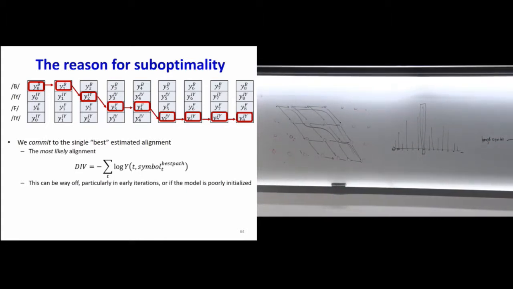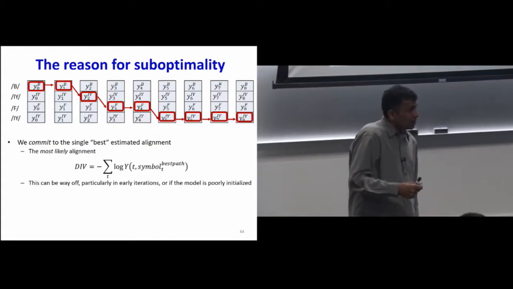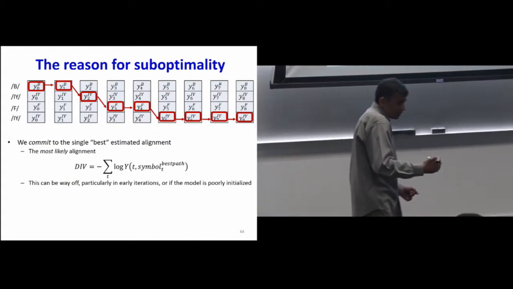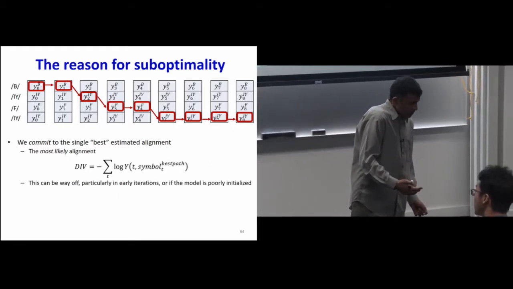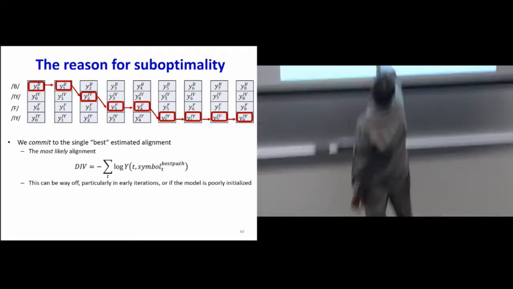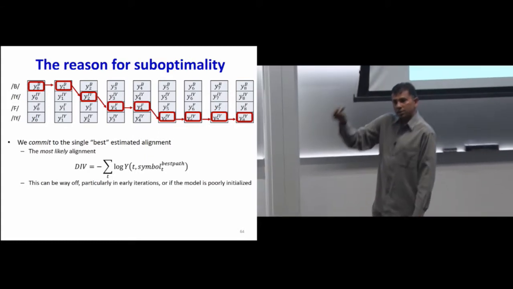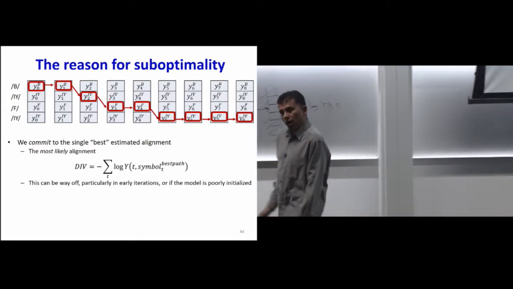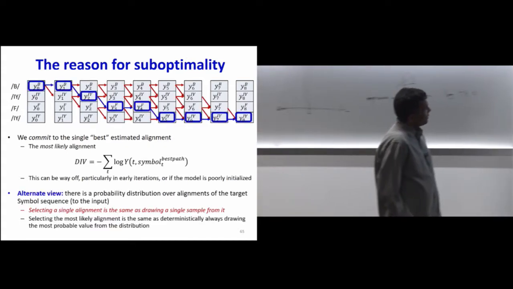But choosing just one value is always a very noisy estimate. What would be a better way of doing it? Use every single path along with the probability of the path itself. In other words, instead of simply maximizing the summation of the log probabilities of the symbols on the best path, what you can do is define the divergence.